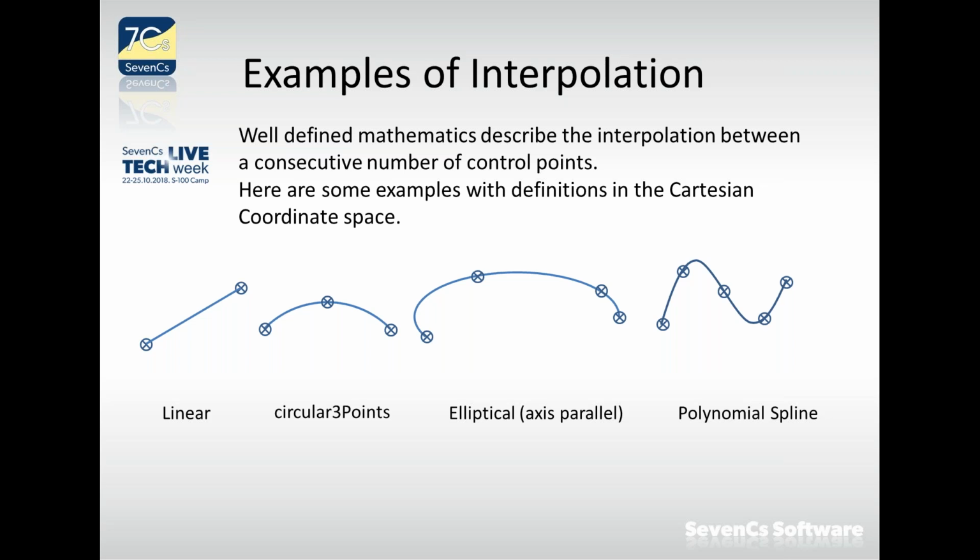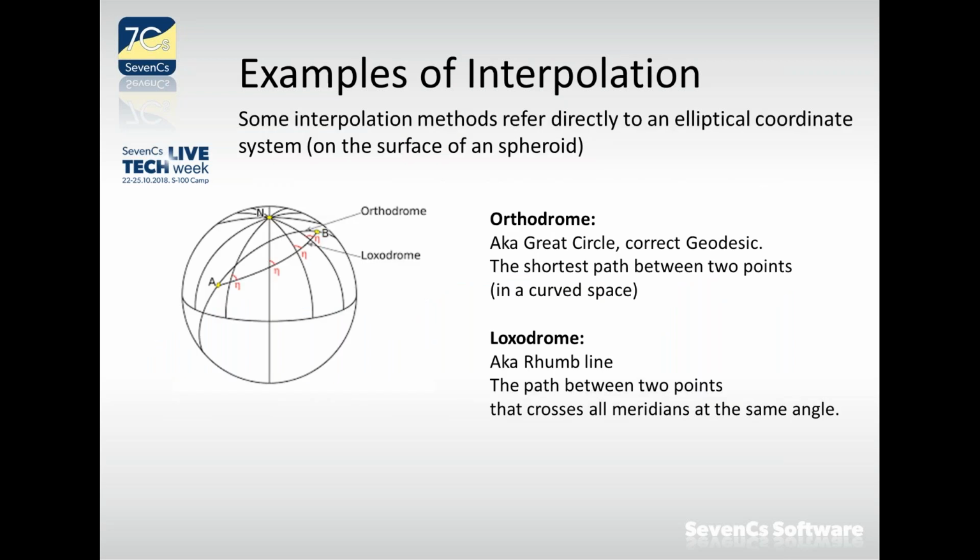So that's why I stay away from showing you any formula. But I'll show you 2 more examples of interpolation, because some of the interpolations are defined directly on a curved space, on the surface of our spheroid or ellipsoid, which can be used, both words can be used for the same thing.